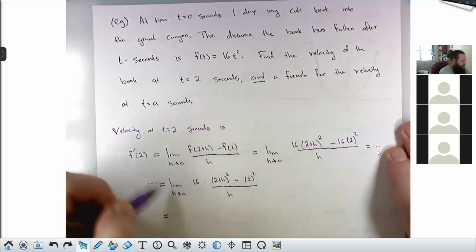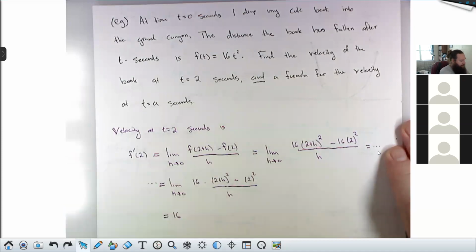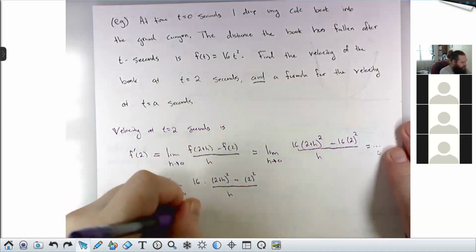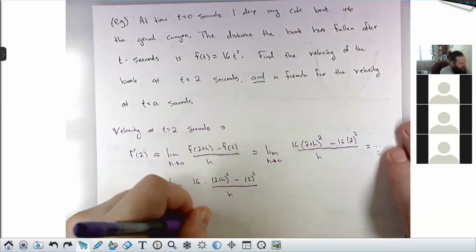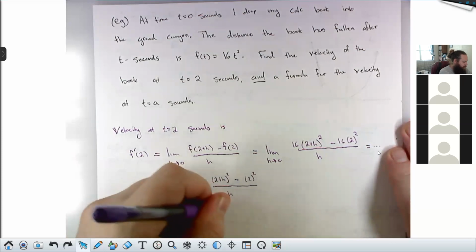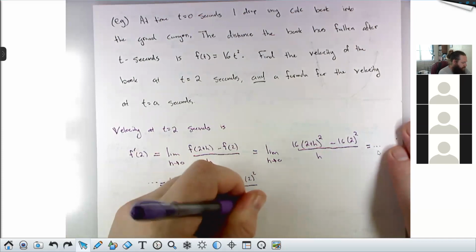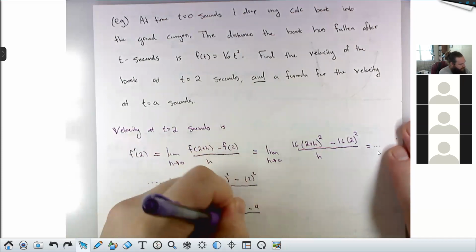I can, in fact, bring the 16 out past the limit. Remember, one of my limit laws is that constant multiples come out. So this is 16 times the limit as h goes to 0 of this stuff, which is 4 plus 4h plus h squared minus 4 over h.